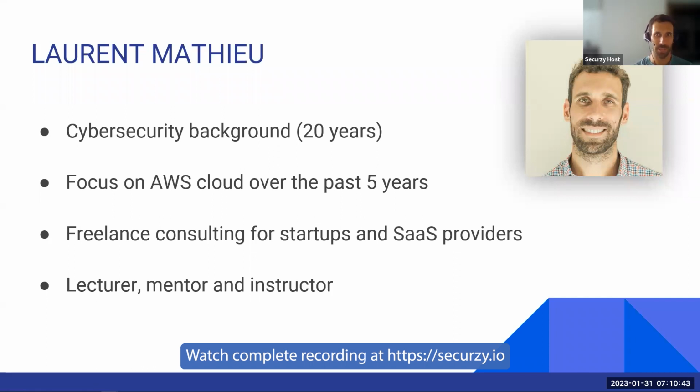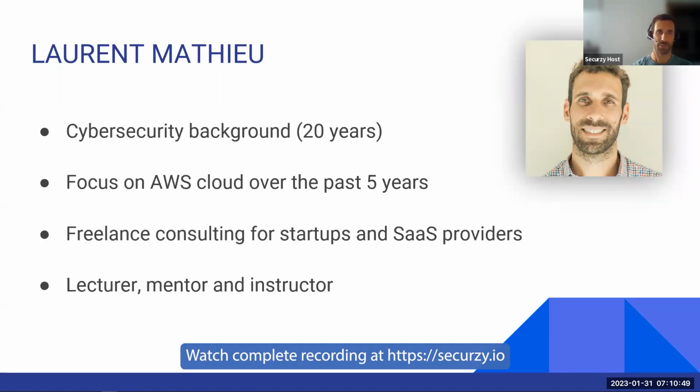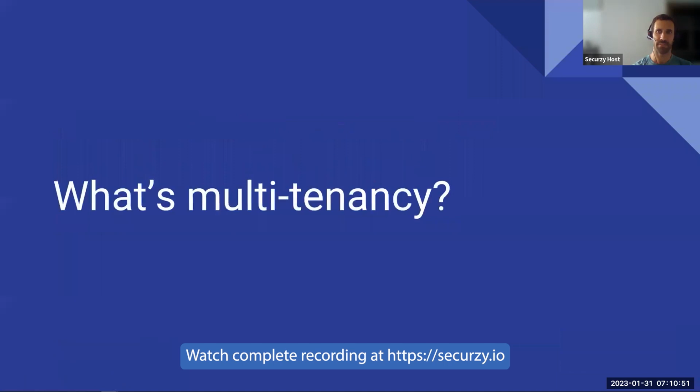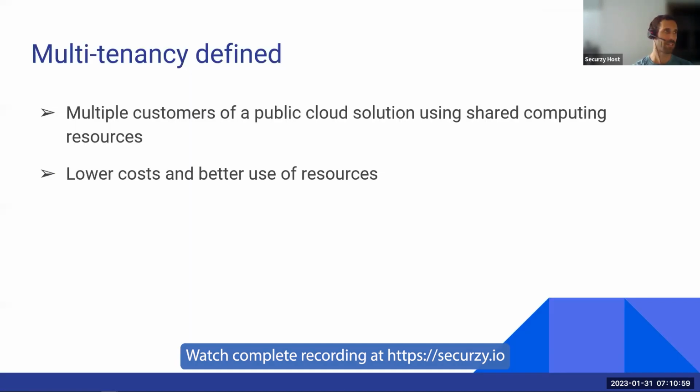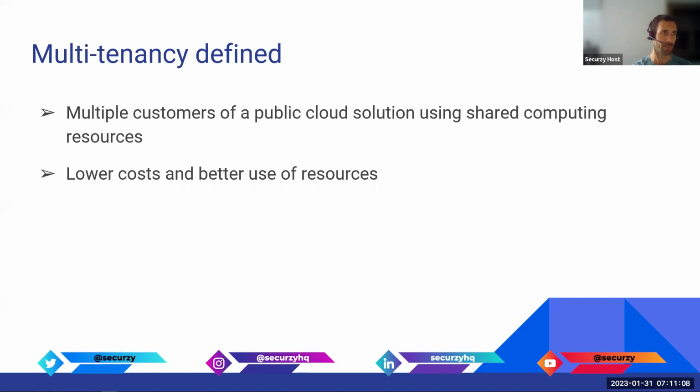But getting back to today's topic. Again, this is about multi-tenancy in the AWS cloud. First of all, as a reminder, let's make sure we are on the same page: what do we call multi-tenancy exactly? Multi-tenancy essentially is when you have multiple customers of a public cloud service that use shared computing resources.